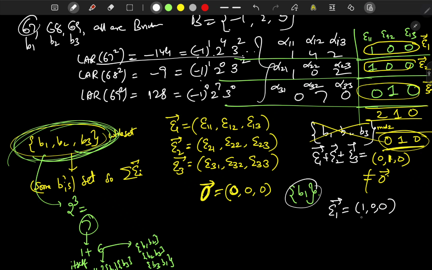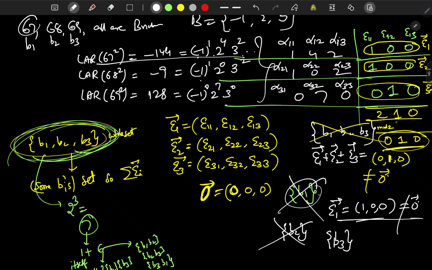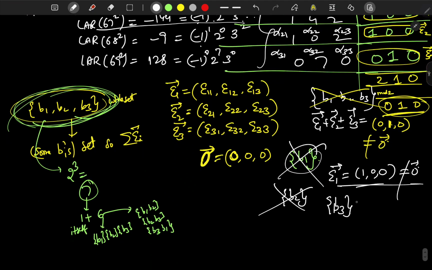Is it equal to the 0 vector? No, so we discard it. If you take B2 only, is it the 0 vector? No, discard it. For B3, the epsilon 3 vector is not equal to the 0 vector. The 0 vector means all components are 0, so discard it.